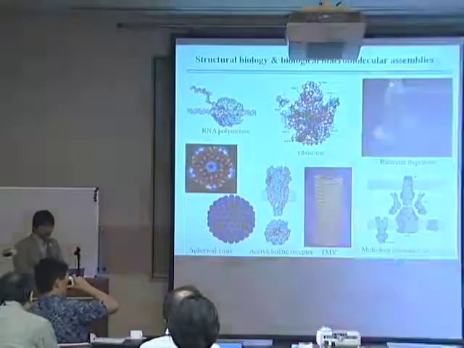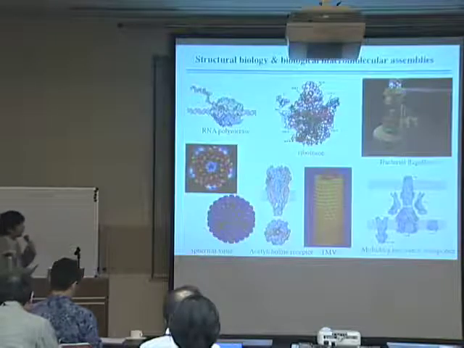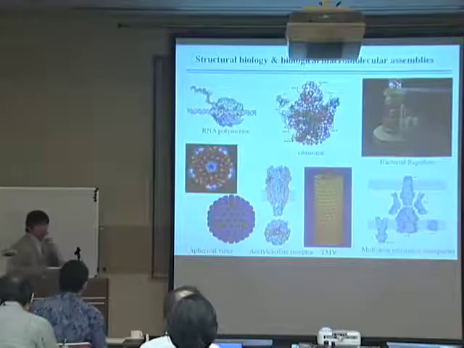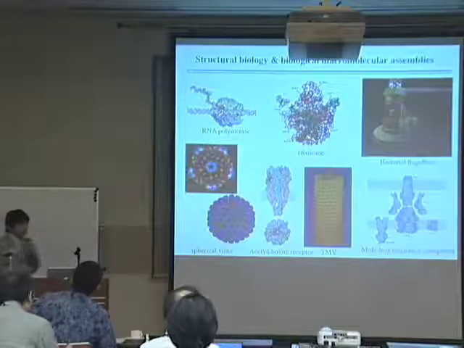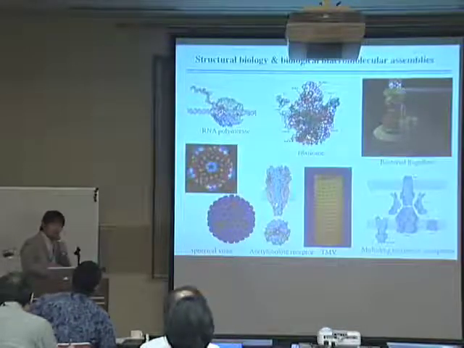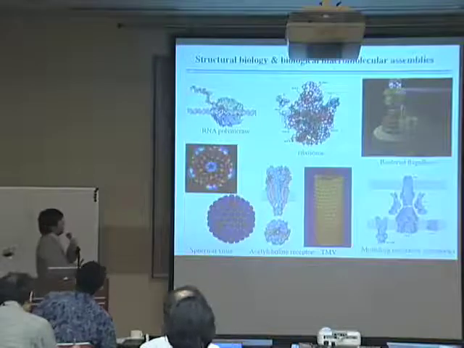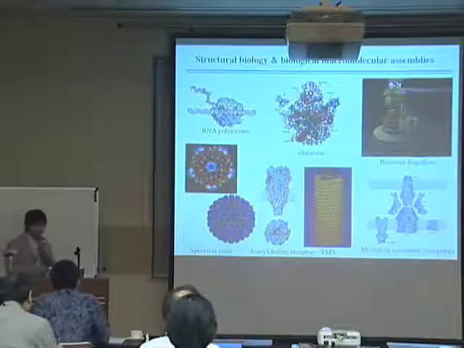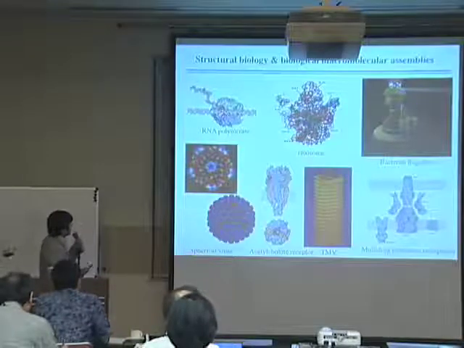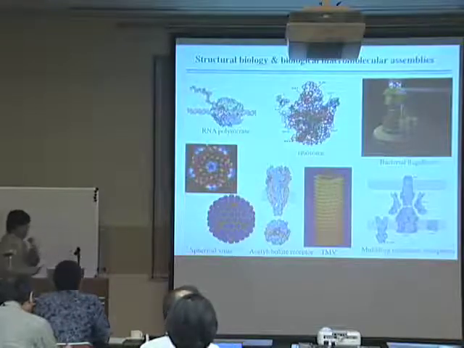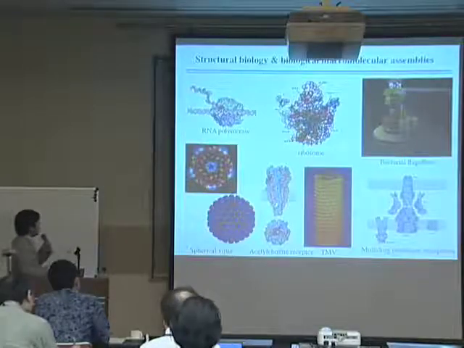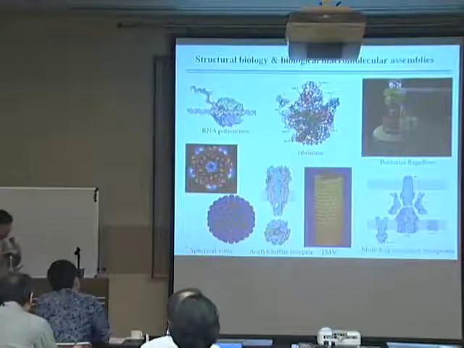These molecules sometimes form a very huge complex, and we call those complexes supermolecules, macromolecule nanomachines, or biological nanomachines. Here, we show several examples of those molecular nanomachines: the RNA polymerase and the ribosome.